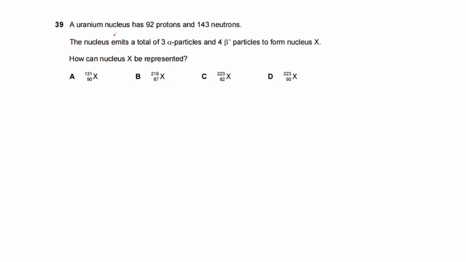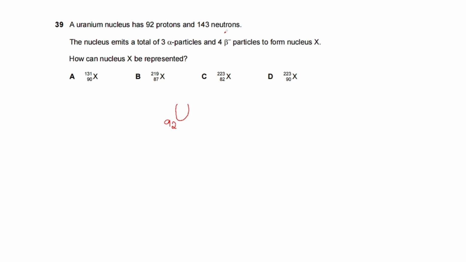Question number 39. A uranium nucleus has 92 protons and 143 neutrons. The nucleus emits a total of 3 alpha particles and 4 beta minus particles to form nucleus X. How can nucleus X be represented? So let's consider the situation. Uranium has 92 protons and 143 neutrons. So what will be the mass number?